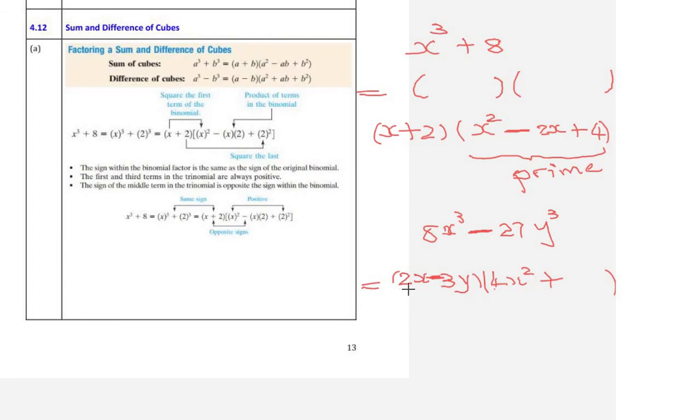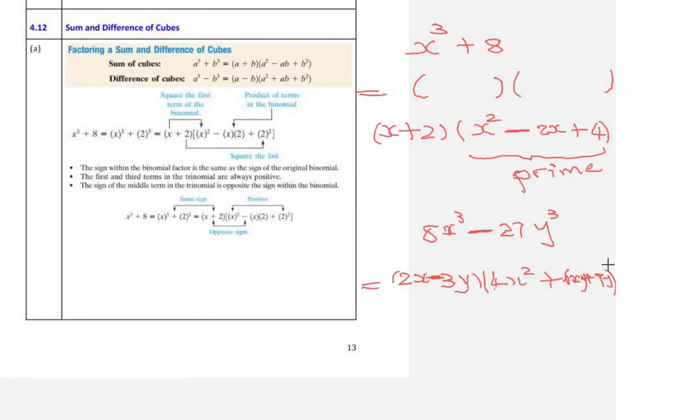And then I just take the first times the second. So it's going to give me 6xy. Not times 2, just the first times the second. So it's just 6xy. And then plus the square of the last one.